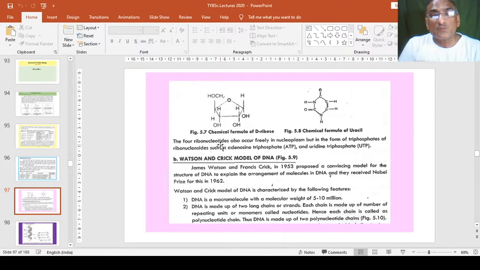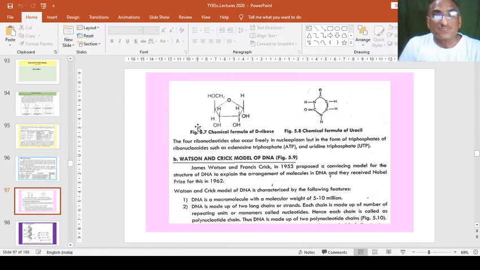The four ribonucleotides also occur freely in nucleoplasm, but in the form of triphosphates of ribonucleosides such as adenosine triphosphate, ATP, and uridine triphosphate, UTP. So these are the triphosphate molecules, and actually they form monophosphates. Now this was the basic structure.